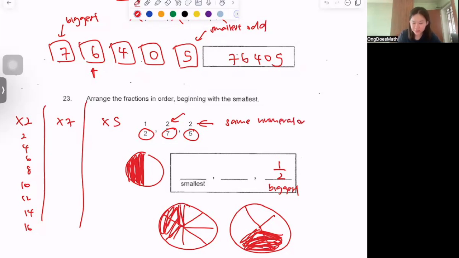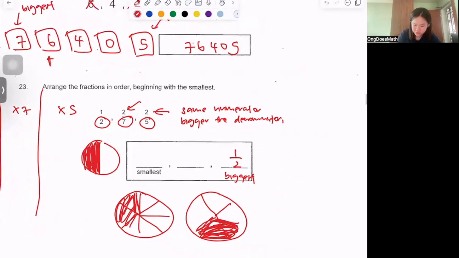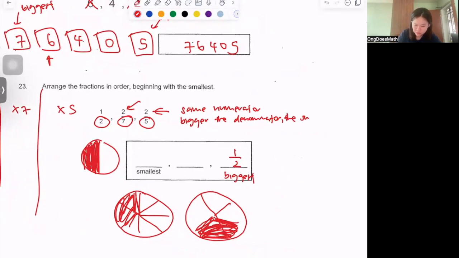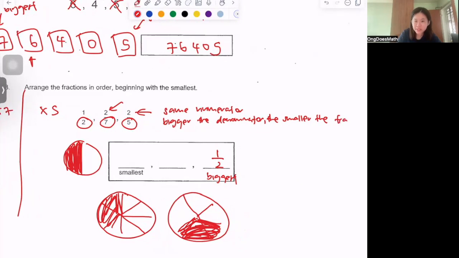If you have the same numerator, the bigger the denominator, the smaller the fraction. So it's basically an inverse relationship, the opposite relationship. So the smaller the denominator, the bigger the fraction.